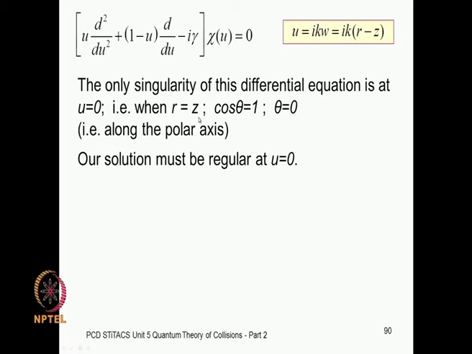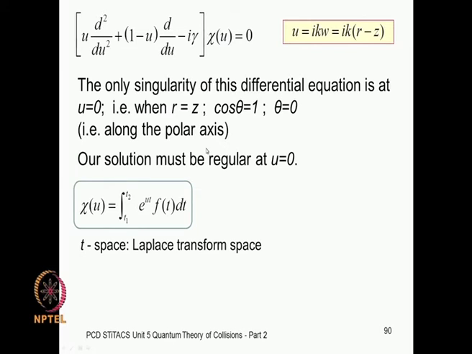When r is equal to z, because u is ik times r minus z, and when is r equal to z? That is when theta is equal to 0, okay, that is along the polar axis. So, that is the only singularity, but then we want a solution which will be regular at u equal to 0. So, we will figure out how to get that.